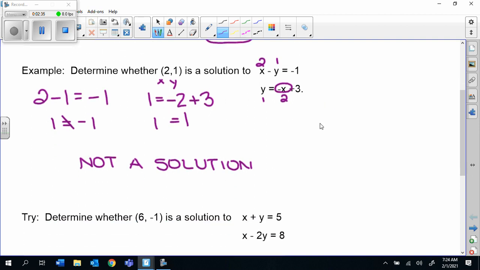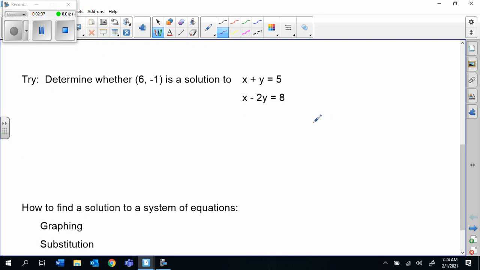So if you'd like to try one of those, feel free to stop and pause, always, anytime. And so I'm going to plug 6 in for x, a negative 1 in for y, so I would get 6 plus a negative 1, and is that equal to 5? Yes, it is.